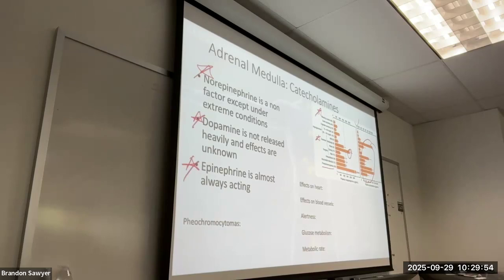Okay, so a couple things here, and we have the effects over there on each of these, and they're going to match pretty similarly to what we already talked about with the sympathetic nervous system. So the effects on the heart: we're going to increase heart rate, and we're going to increase contractility.